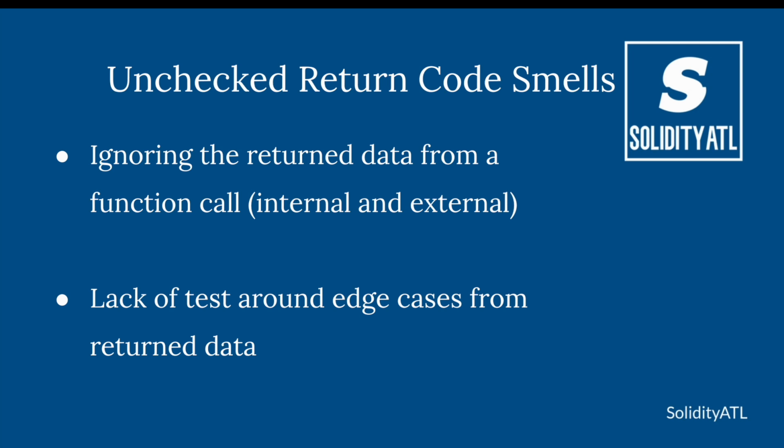So you can go ahead and create your own test cases yourself. This is really important when looking for unchecked return vulnerabilities. Go look at those test cases, see if there are any edge cases around these return values, and think through them. Create your own test, and you may be able to stumble upon an unchecked return vulnerability.